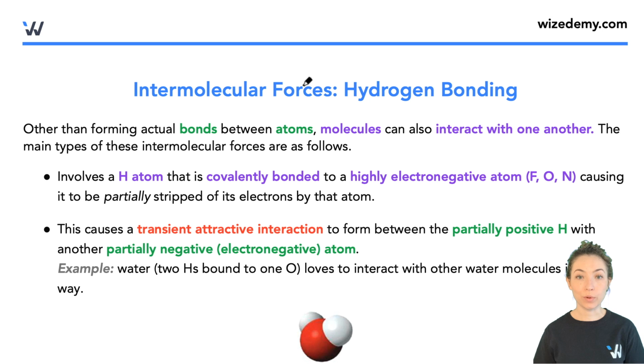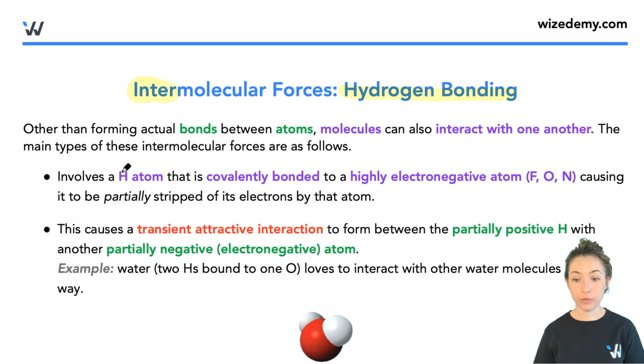Rather than forming actual bonds between atoms, molecules can also interact with one another through intermolecular forces. So these just mean forces between molecules. Now, one main type of intermolecular force that's absolutely essential to life as we know it is hydrogen bonding.